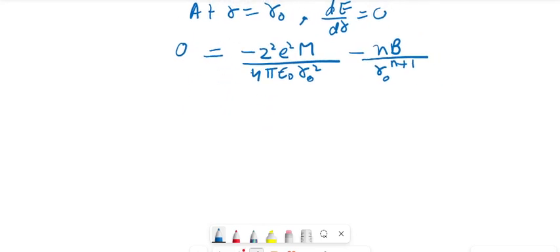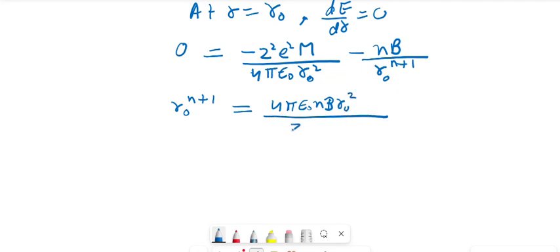So from this equation, we get that R naught to the power n plus 1 is equal to 4 pi epsilon naught nB R naught square divided by Z square e square M. From this equation, we can find out the value of B, that is the repulsive term constant, which we have to find out.